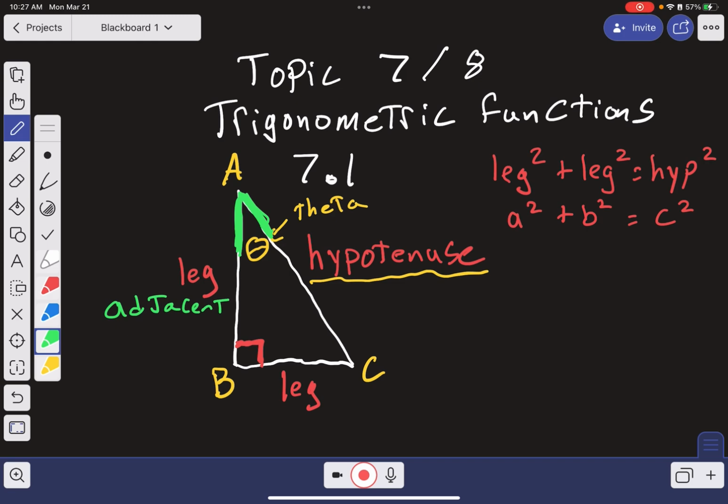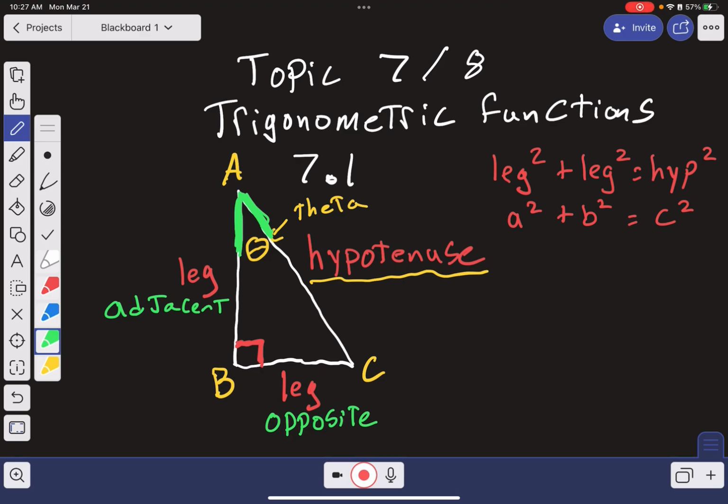The other leg is called the opposite side. The opposite side is the leg that's across from our theta angle. Since our theta is here in this case, the side across from that angle is this leg down here, so we're going to call this the opposite side.